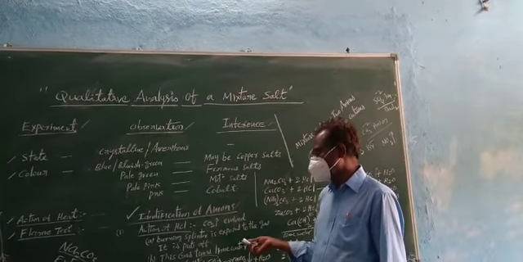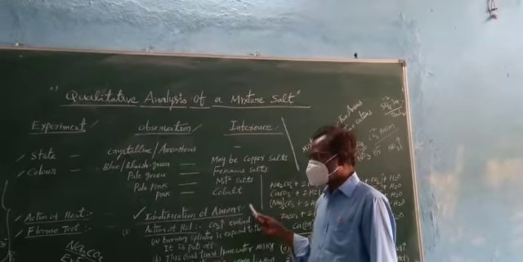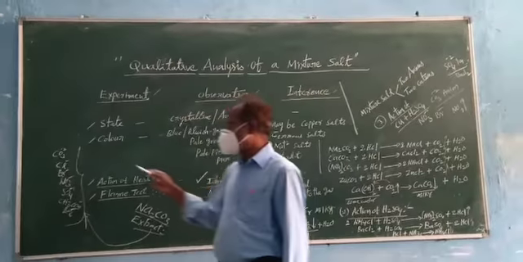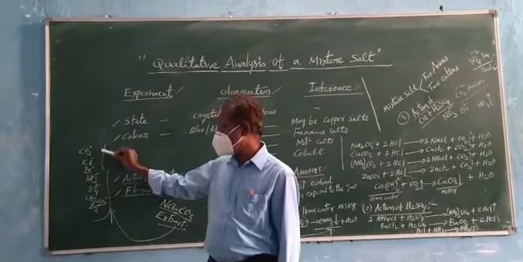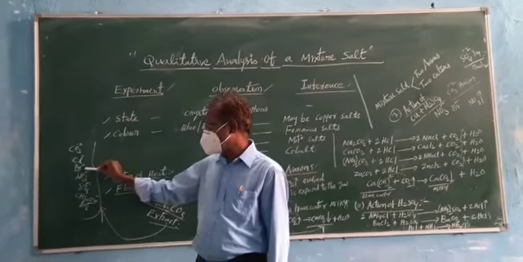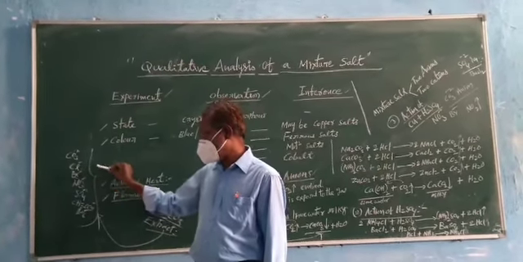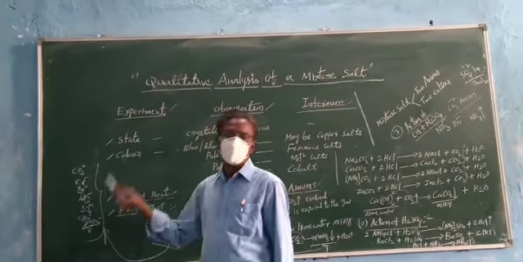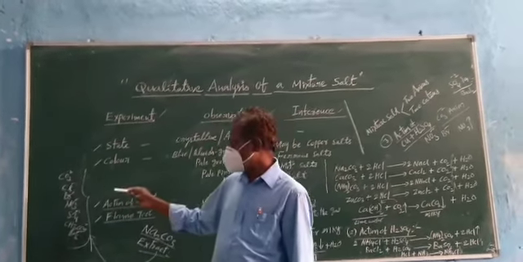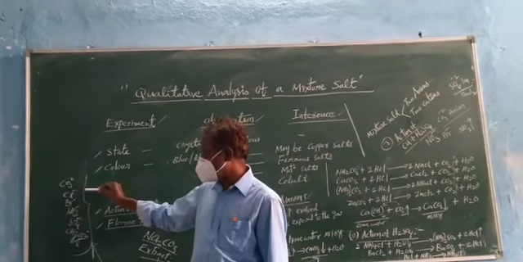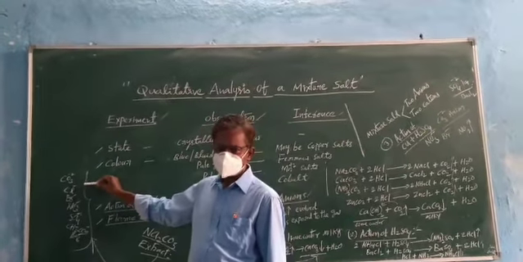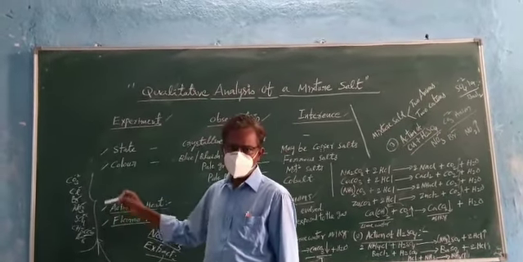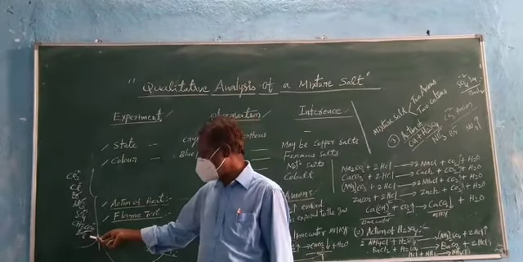Here we will do the experiment for anions like carbonate, chloride, bromide, nitrate, sulfate, acetate, borate. These are the anions we will test one by one up to borate.